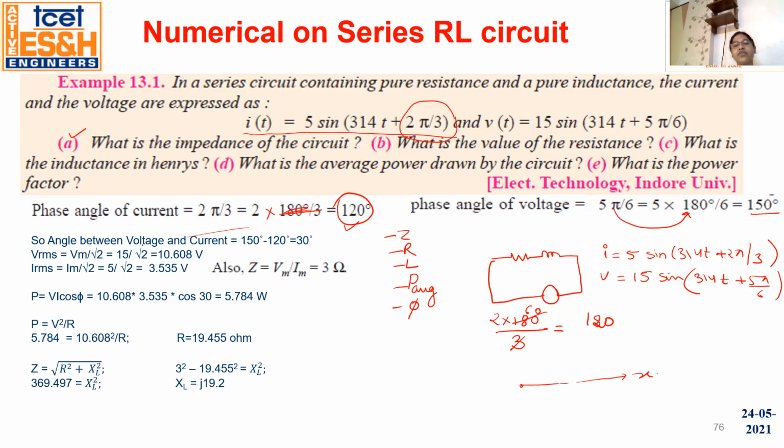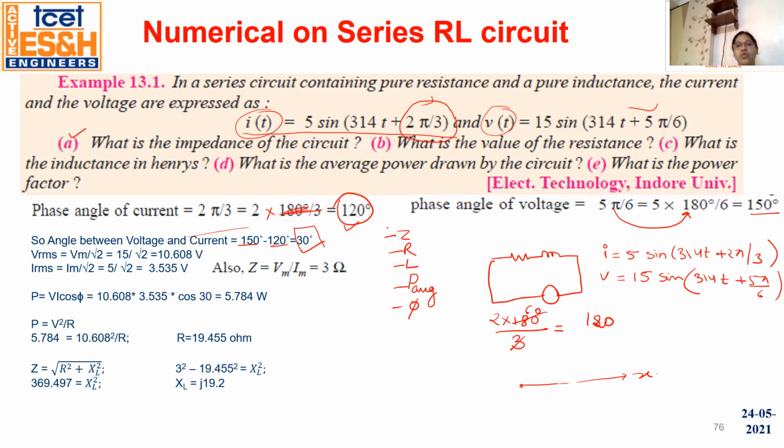The angle between voltage and current is 150 minus 120, which is 30°. The angle between voltage and current is obtained by subtracting 120 from 150. So this is 30°.